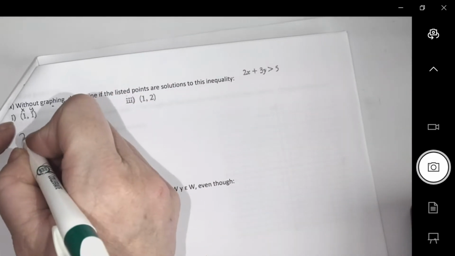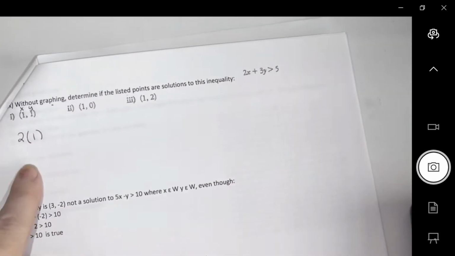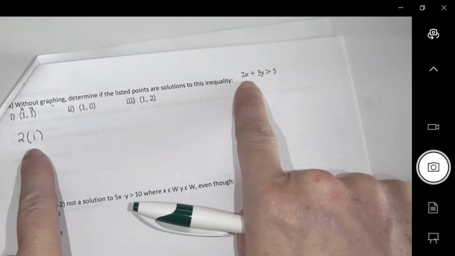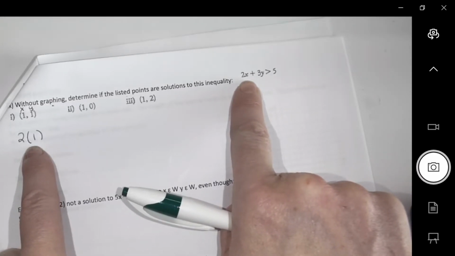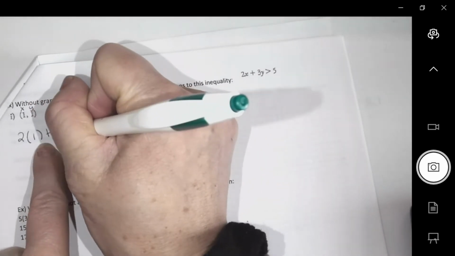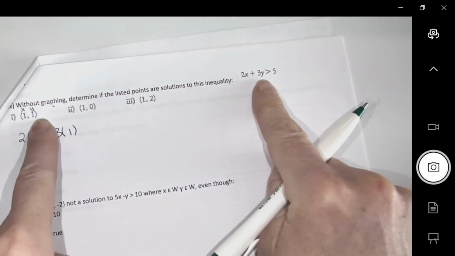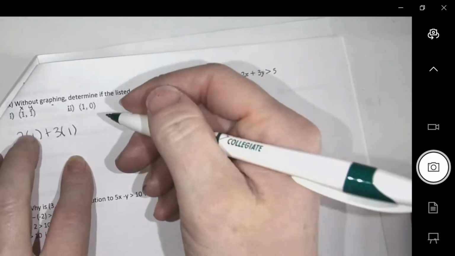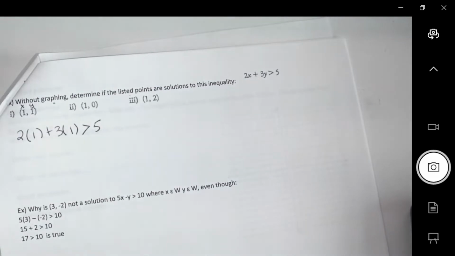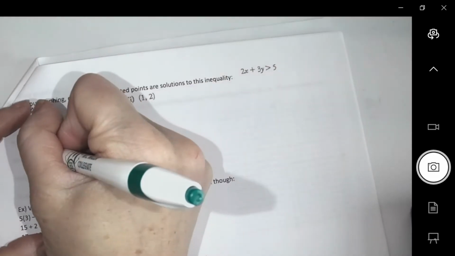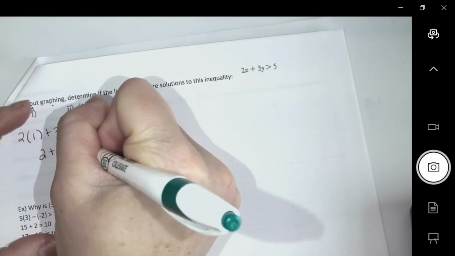Ready? 2 times, replace the x with 1, plus 3 times, replace the y with a 1, is greater than 5. Two plus 3 is greater than 5.